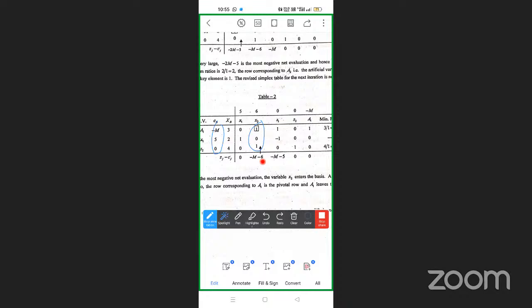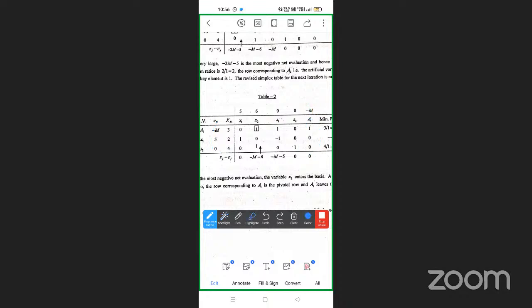Next, S1: multiply minus M, minus 5, 0. So minus M, minus 5. The next ones, all are zeros: 0, 0, 0, 0. And A2 also 0. Minus M, 0, 0, plus M. Minus M plus M, 0.